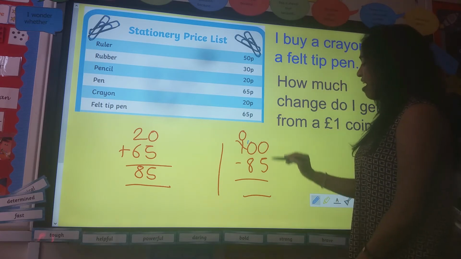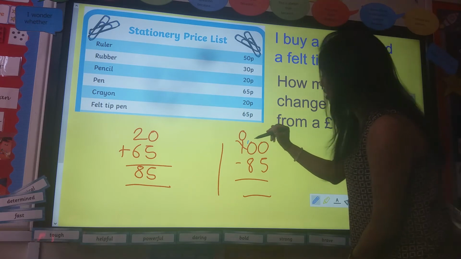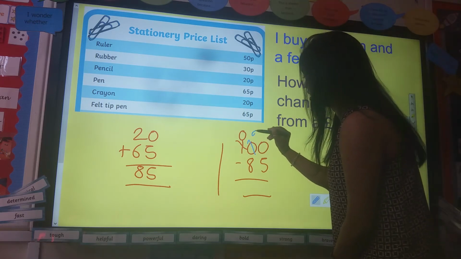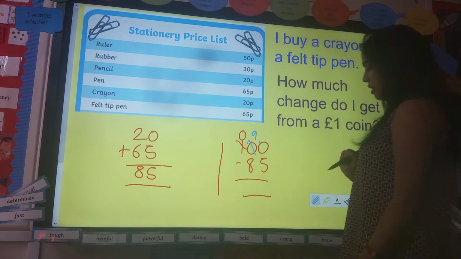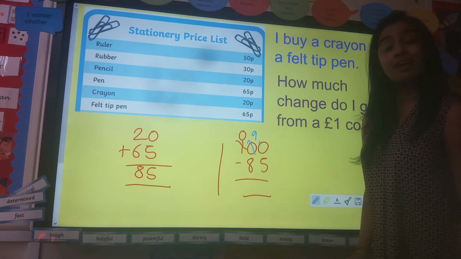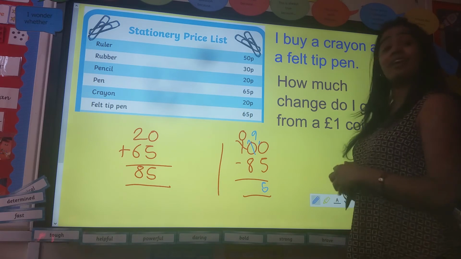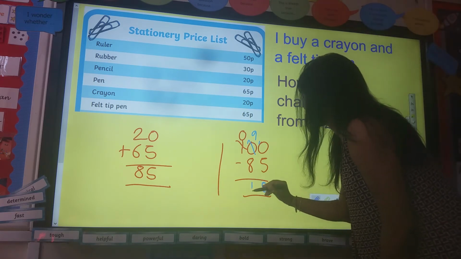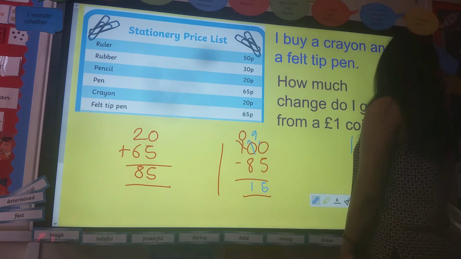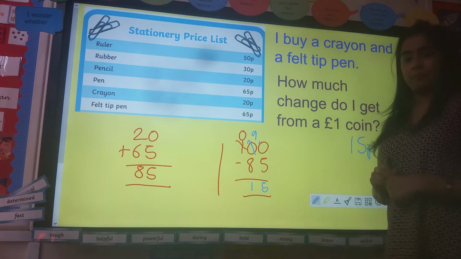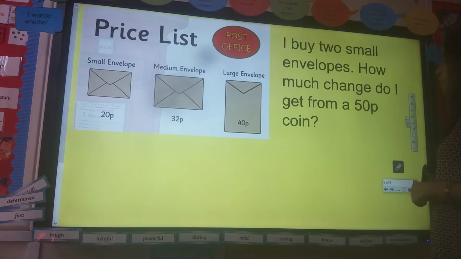But remember, I need 1 for my ones column. So I cross the 10 and that becomes a 9. And that becomes a 10. So 10 minus 5 is 5, good. And 9 minus 8 is 1, excellent. So my answer is going to be 15p, okay? Well done. Let's go on to the next question.